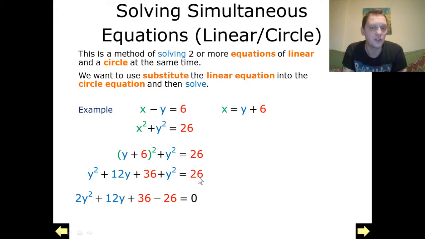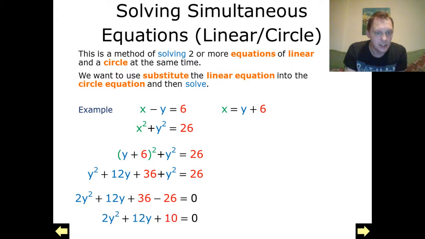And I've brought my 26 from the right-hand side to the left-hand side, so my equation is going to equal 0. Because, of course, it's going to become a quadratic equation, so we need it to equal 0 so we can solve it. So we end up with 2y squared plus 12y plus 10 equaling 0.